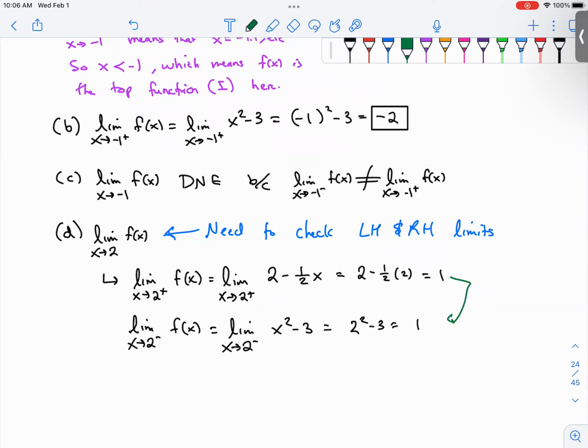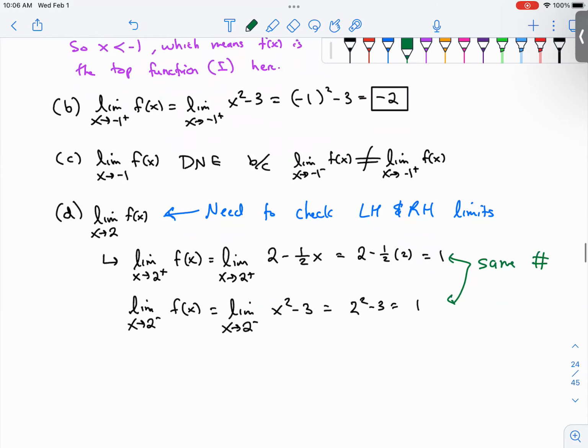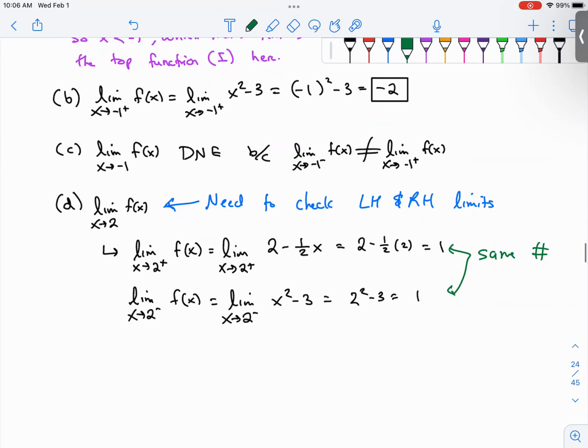These agree. So the limit does exist. Thus, the limit as x approaches 2 of f of x exists and equals 1.